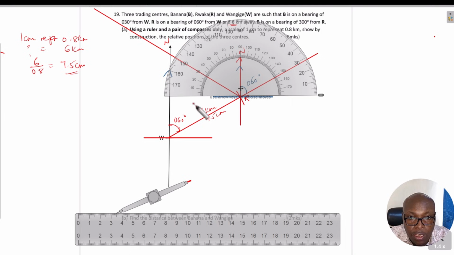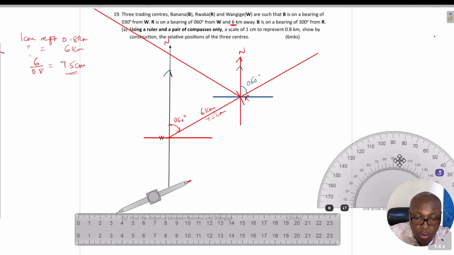So you can see that now I have this is 180, 270, then 30, and this is 30 in order to make 300. So the whole angle that I've measured, I've measured from this all the way to that point, that is 300 degrees. So I've just added 30 there. So that is the bearing.